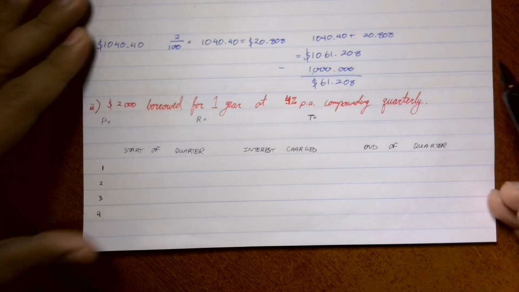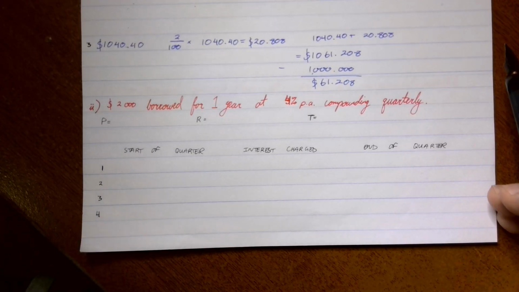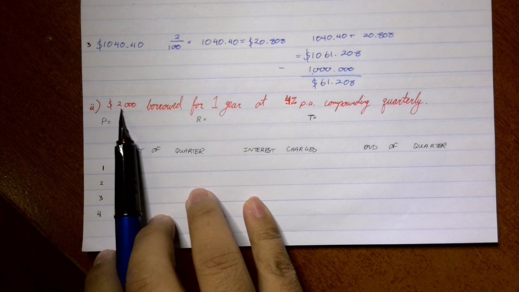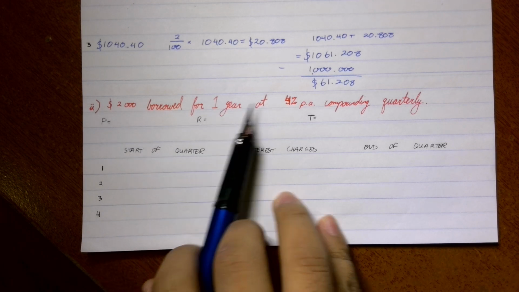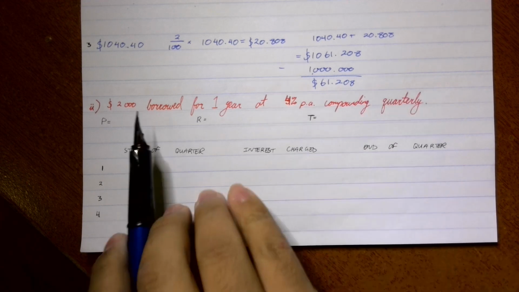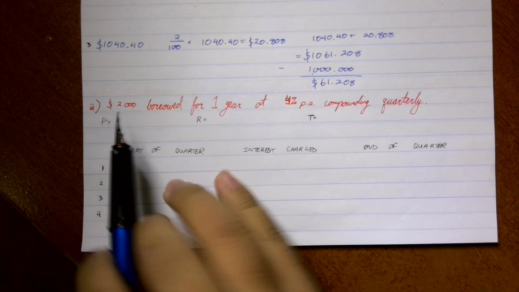Let's do one more example here. Let's take a look. $2,000 borrowed for 1 year at 4% per annum, compounding quarterly. Well, the principal is 2,000.